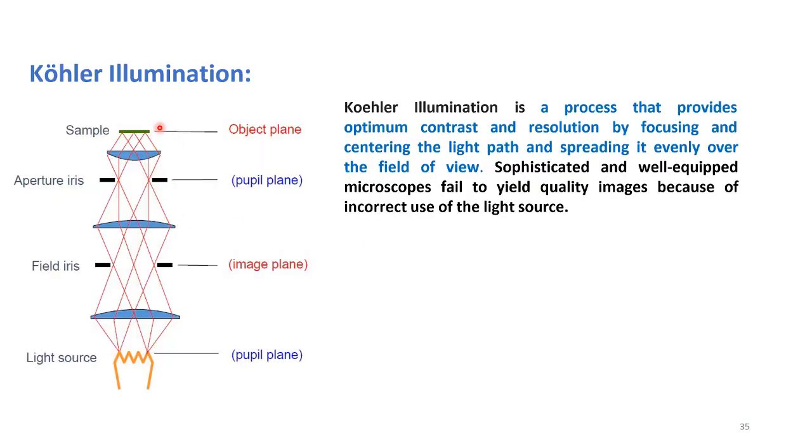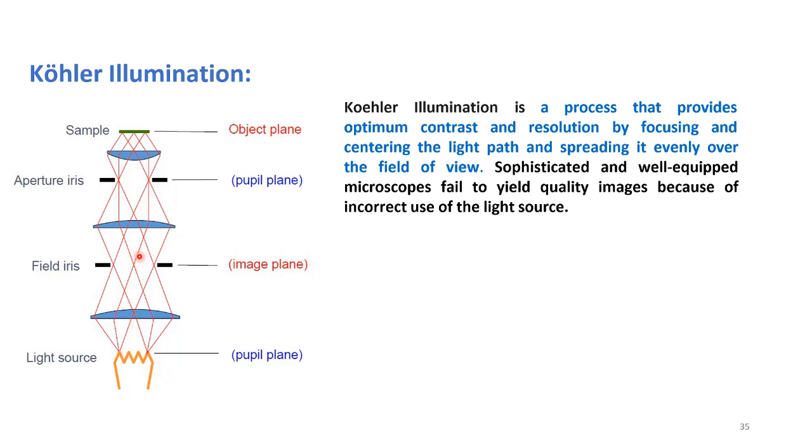Köhler illumination is the process that provides optimum contrast and resolution by focusing and centering the light path and spreading it evenly over the field of view. Here, as you can see, we have an aperture iris and a field iris, and the objective. This is the light source, and the light passes through the lenses.